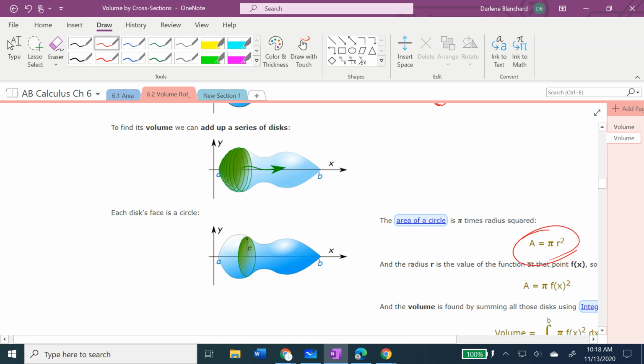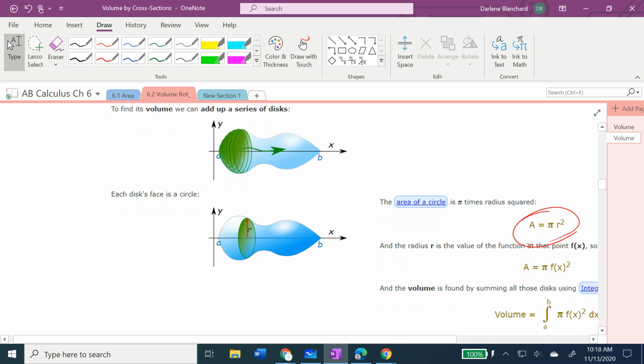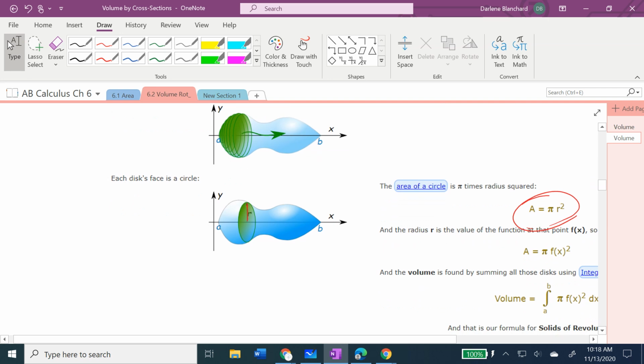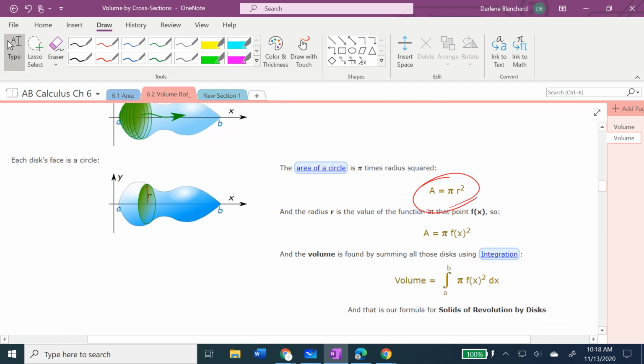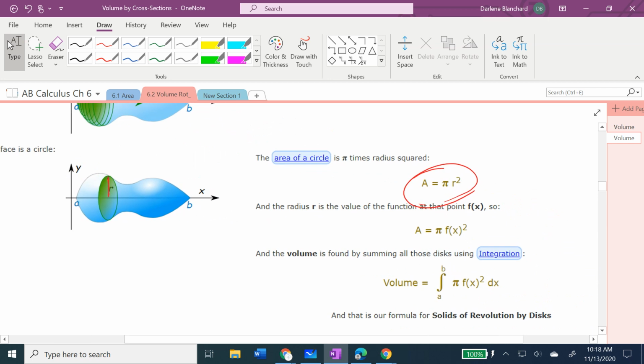But what you're going to see is you need to find a formula for the radius. And we're going to start off with easy, and we're going to slowly get into harder and harder versions of rotational area. But it starts off with just basically, you need to find a function for the radius, square it, and multiply it by pi.